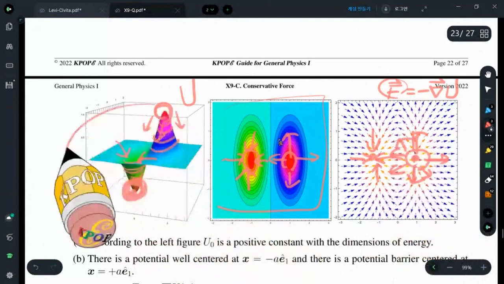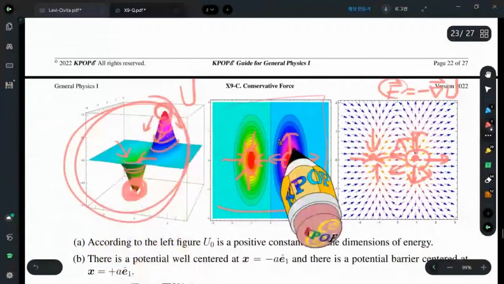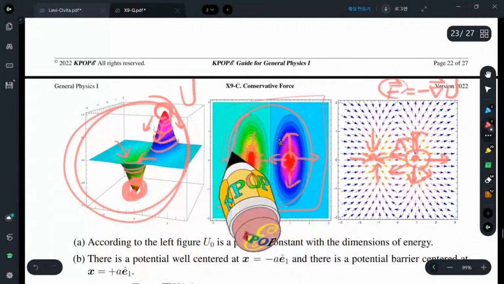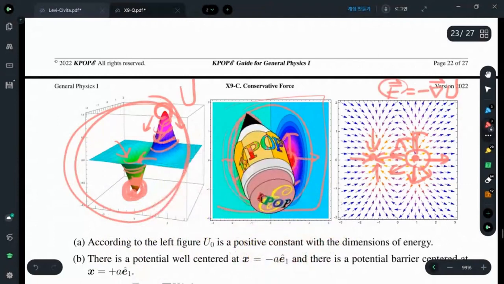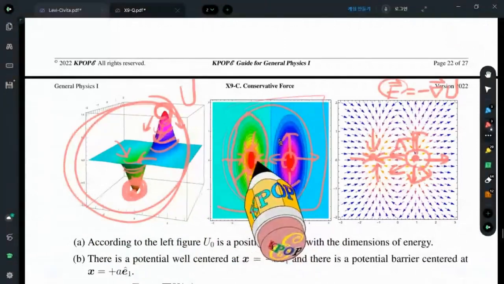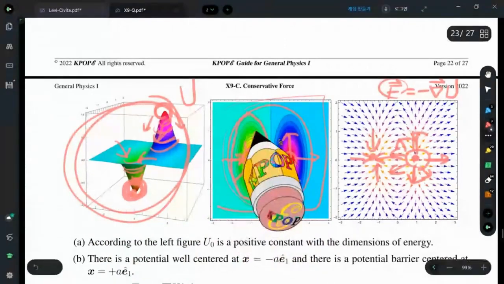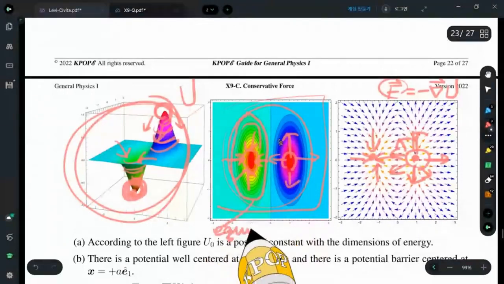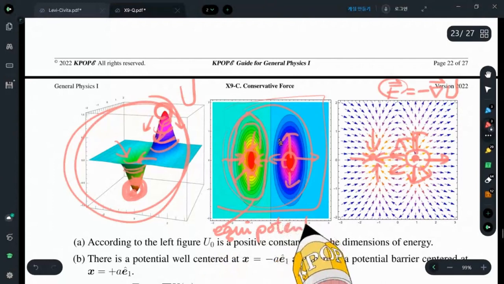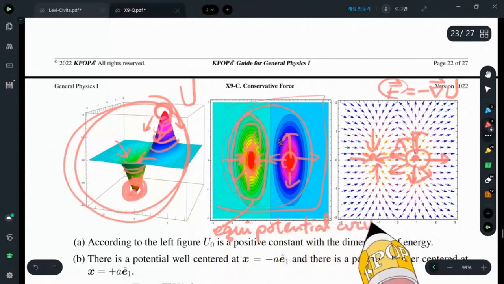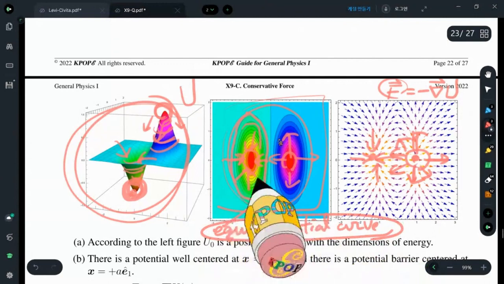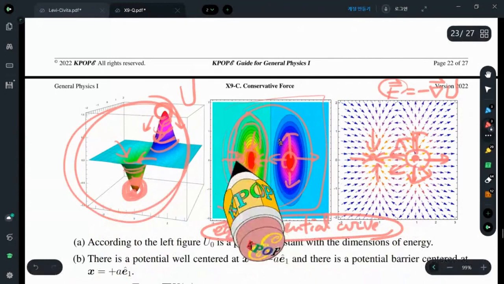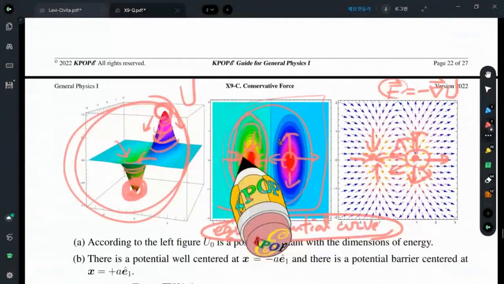Okay, understood? This is a potential energy graph, and this is the contour showing the same values along this line. The potential energy is the same, and the force is always perpendicular to this equipotential curve.